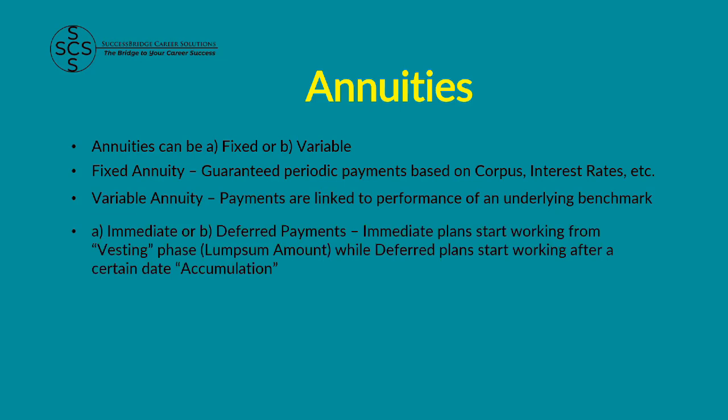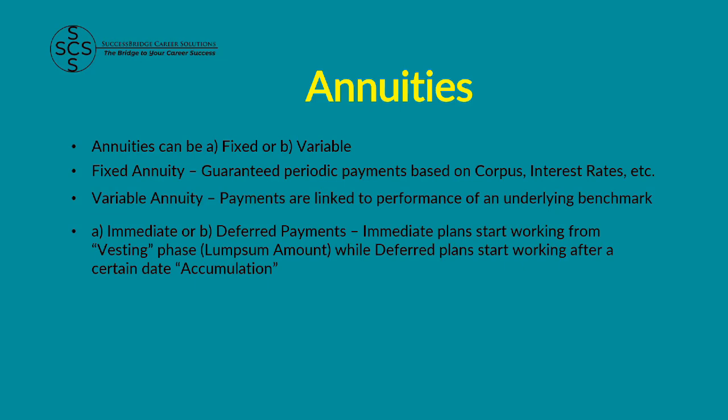Now, in terms of the payment regime, you can have immediate payments or deferred payments. Immediate payment plans start from the vesting phase. These types of annuities are when you invest a large lump sum.